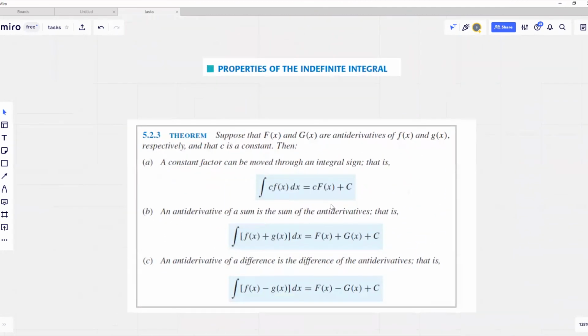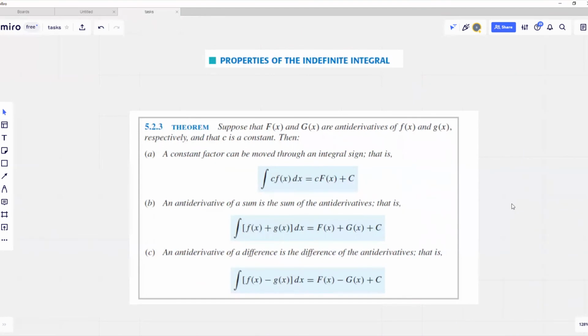There are some properties of the indefinite integral similar to the properties of derivatives. If we are integrating some constant multiplied by function f(x), then we can factor out the constant.